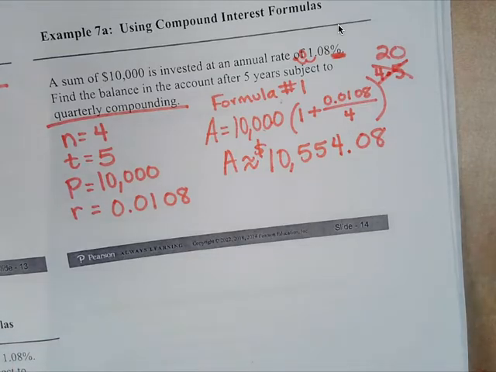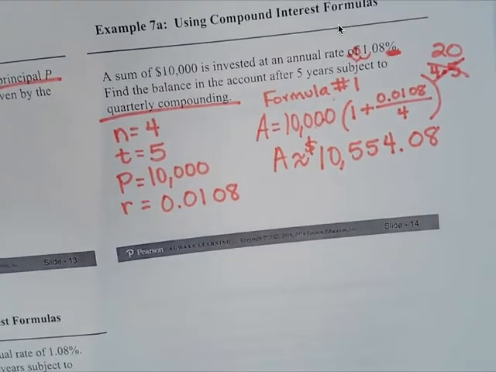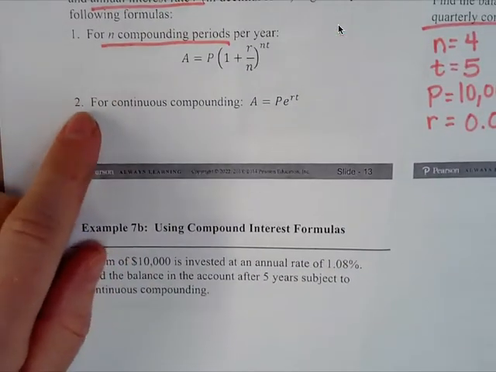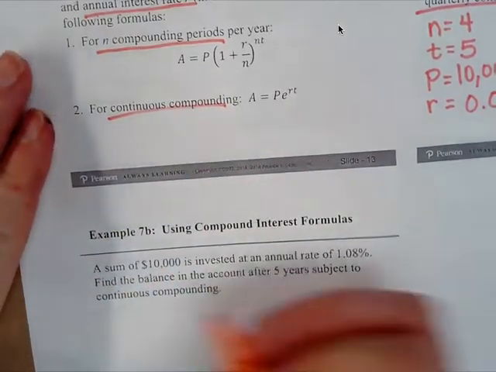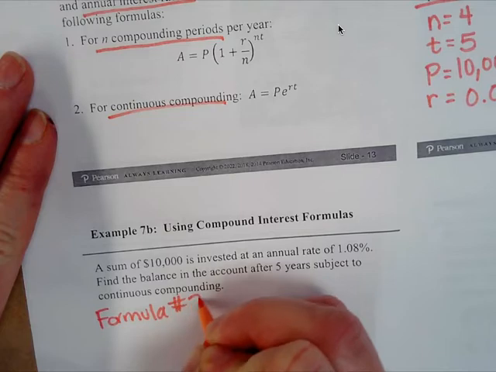Okay, what if it is compounded continuously? We use formula number 2, for continuous compounding.